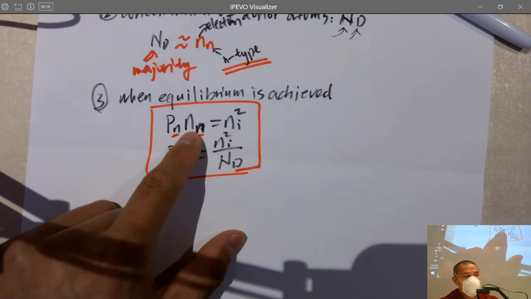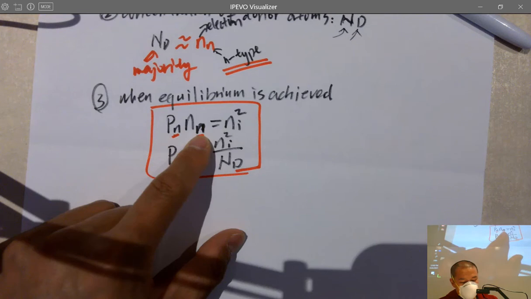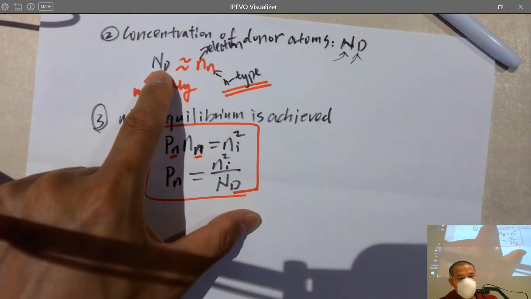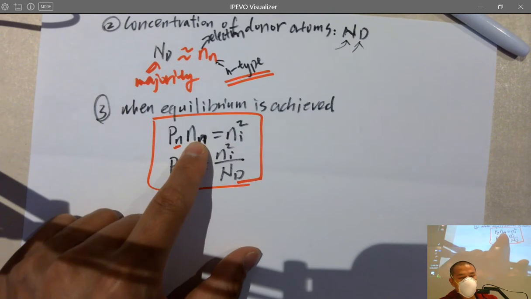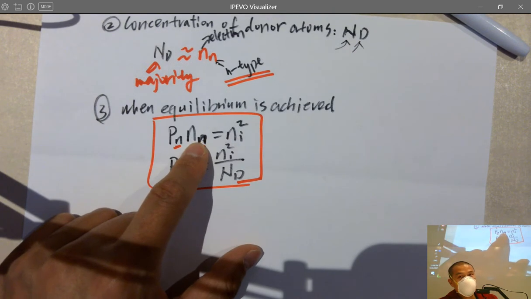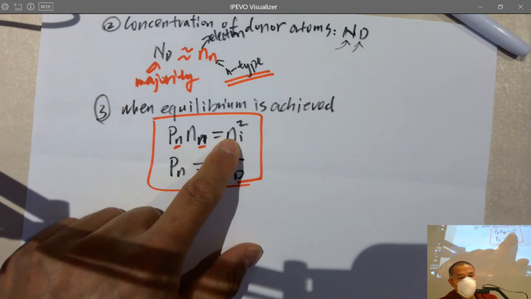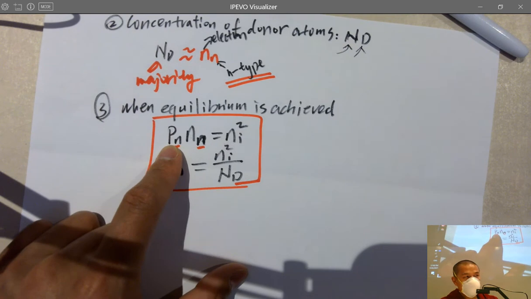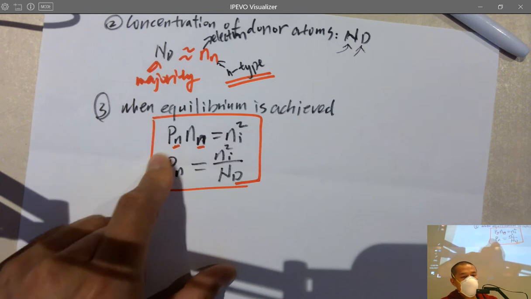For example, you know this Nn equals Nd, right? If you know this number and you plug it in here, and this is constant, you can calculate the concentration of the holes. So how many holes are left in the material after I doped it?